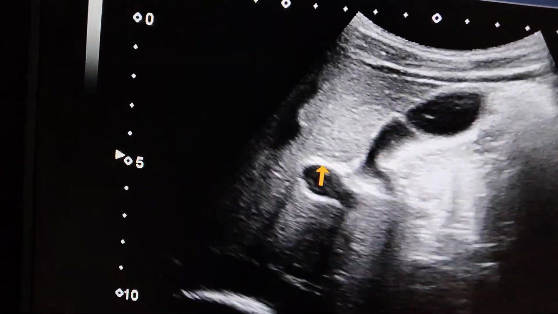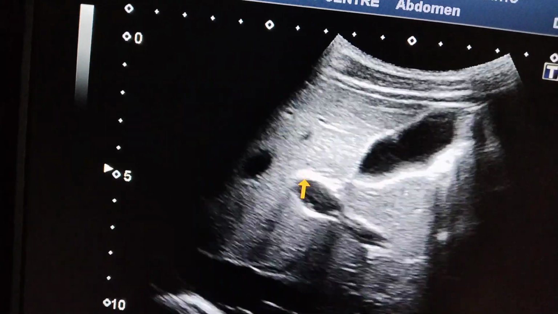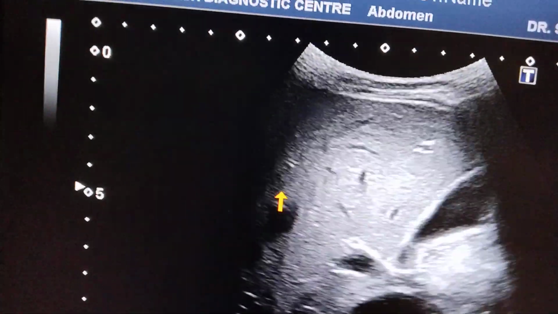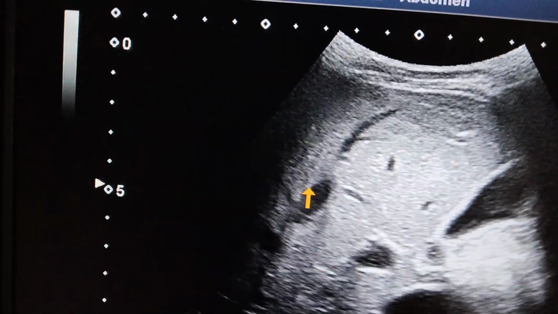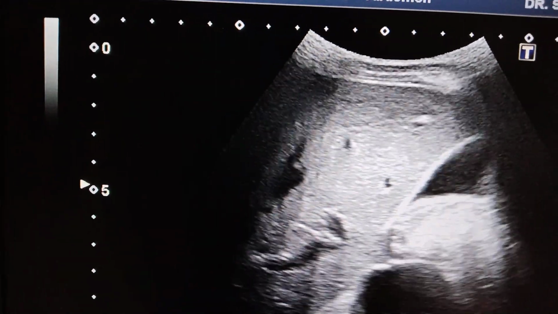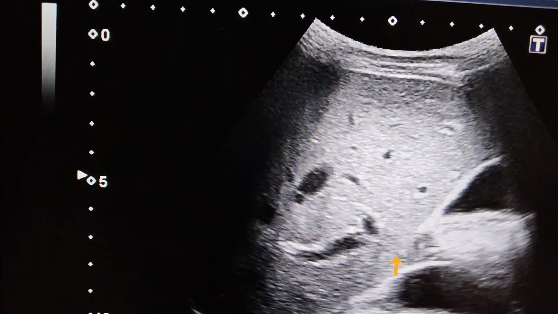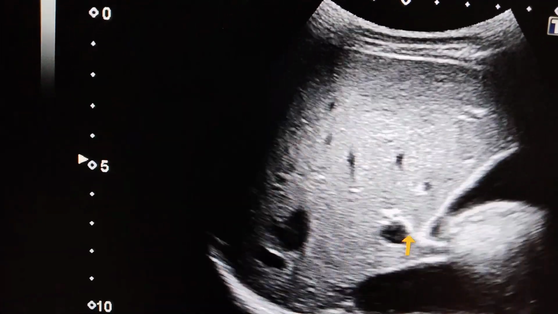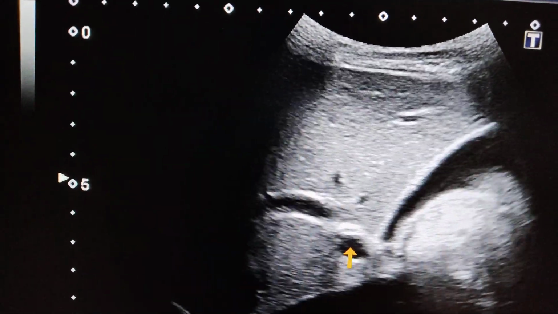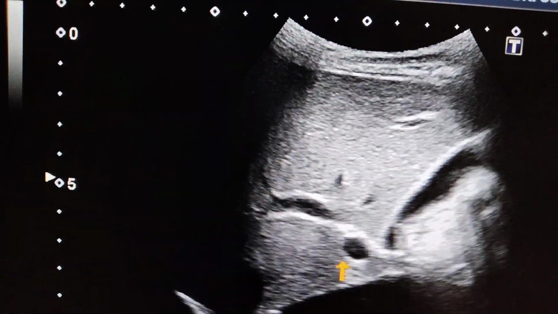So now patient is having the deep breath and hold the breath. So then we can easily look at the gallbladder. And at the portal hepatis we can appreciate the portal vein. This one black structure is a tubular one.